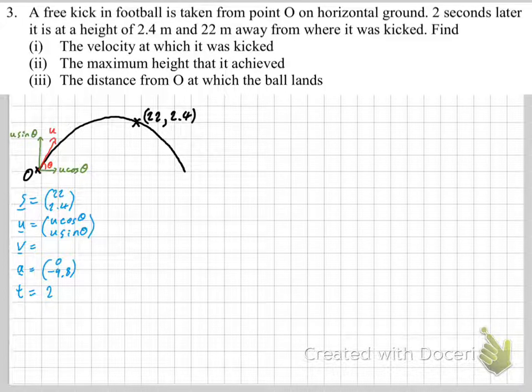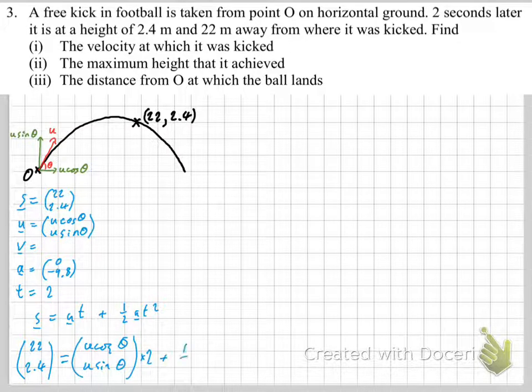Okay. s equals ut plus a half at squared. Stick everything in. Quite a big expression there, but just needs simplifying. So the top row of that equation reads 22 equals 2u cos theta. Now just because I can instantly, let's simplify that to 11 equals u cos theta.